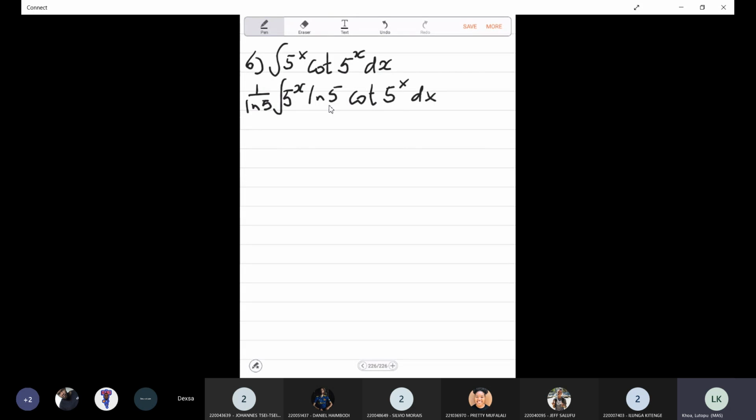Okay, so here, because we don't know the integral of cot right away, we have to write this in terms of sine and cos.